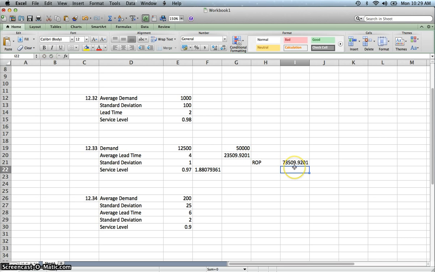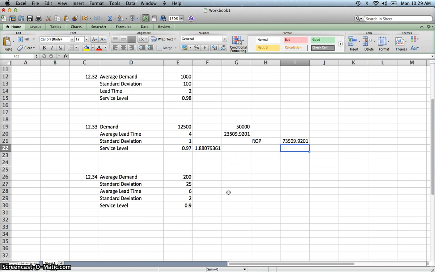And so our reorder point becomes 73,510.